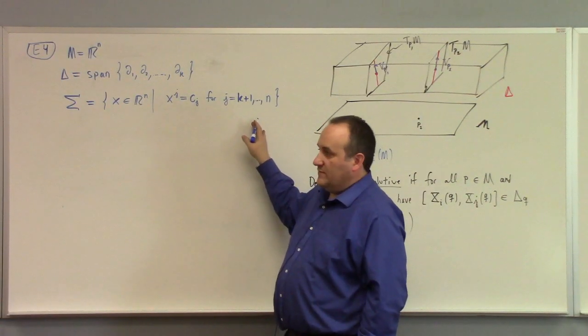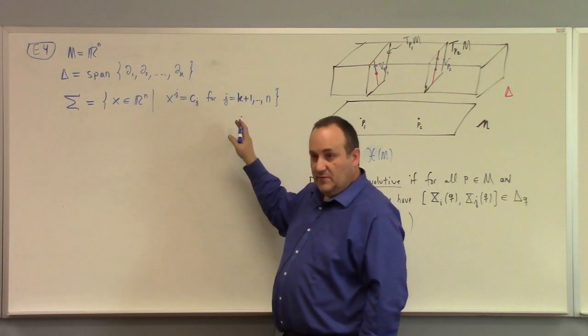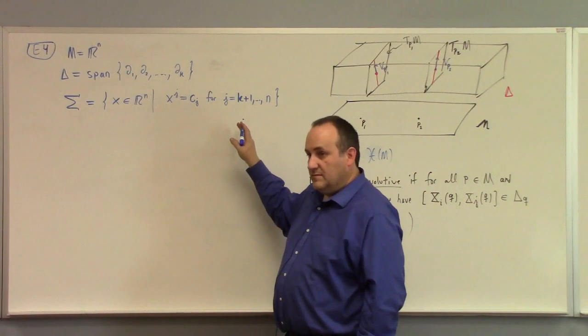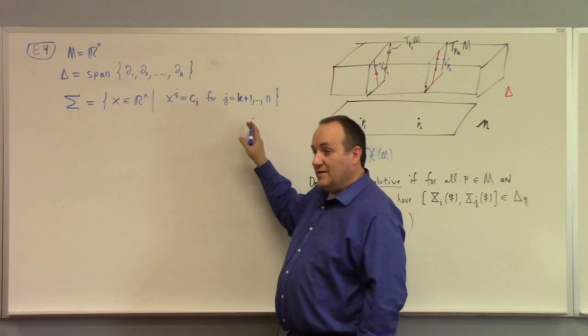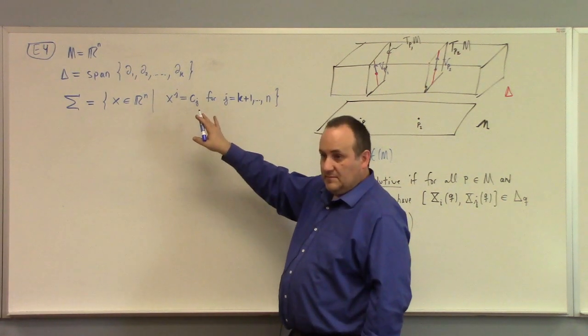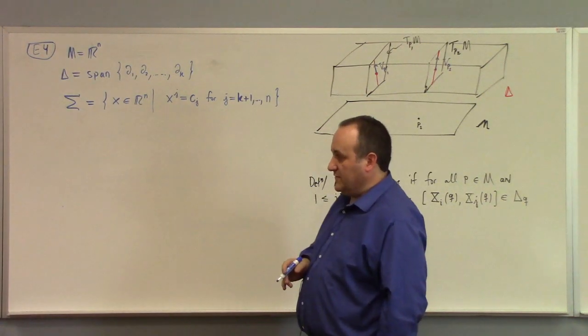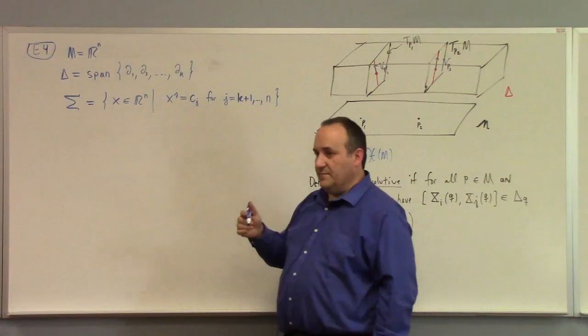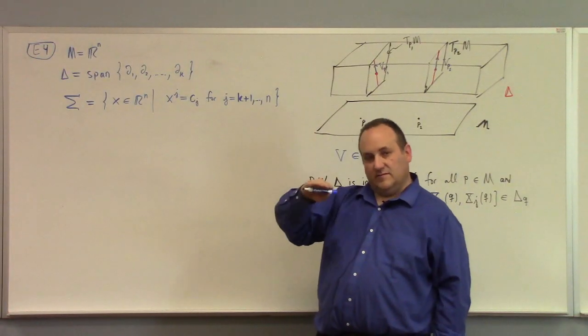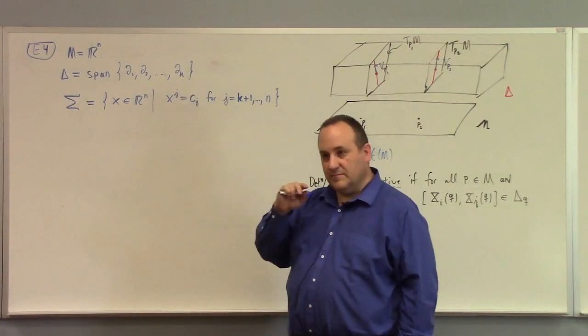But the Frobenius theorem says that it's actually possible for an involutive distribution to pick a coordinate system that makes it look like this. It's possible to choose local coordinates where your integral submanifolds simply become constant coordinate solutions, right?